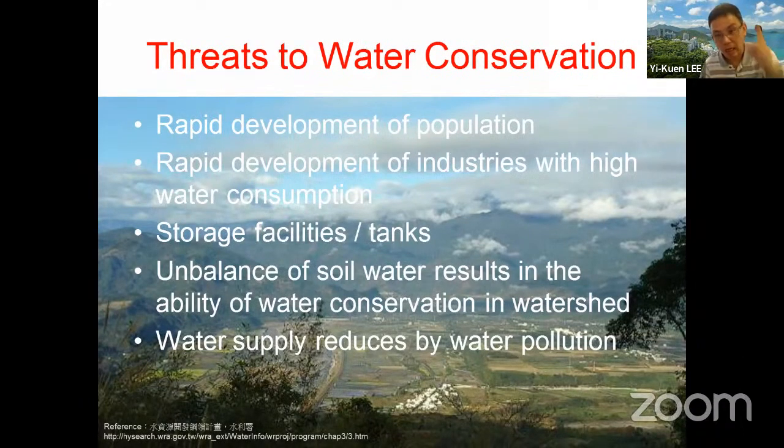We have a lot more violent thermal cycling: high temperature, low temperature, producing much more typhoons and storms, right? Suddenly there is too much water, suddenly there is no water.